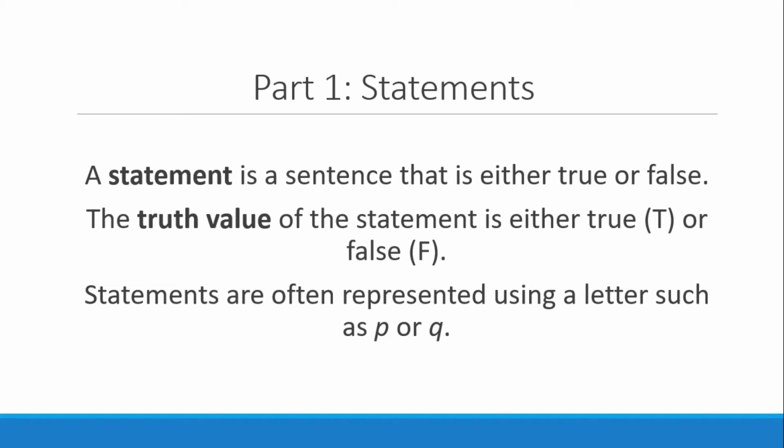Statements are often represented by using letters such as P or Q. There's a logical reason behind why we use P, Q, and others, because most of the other letters of the alphabet before this have been used for other geometric or mathematical reasons.